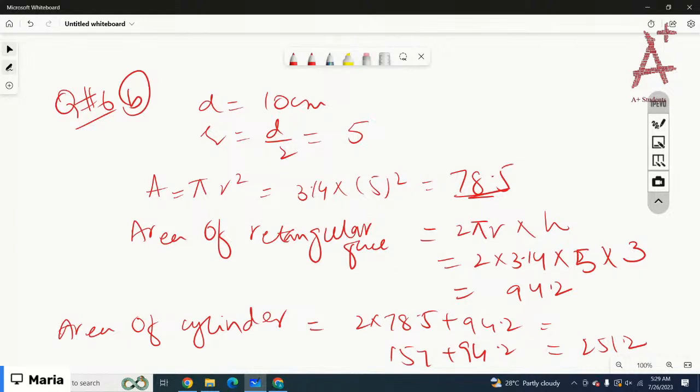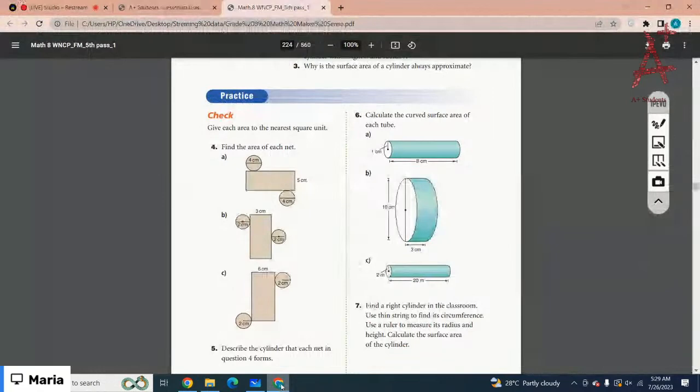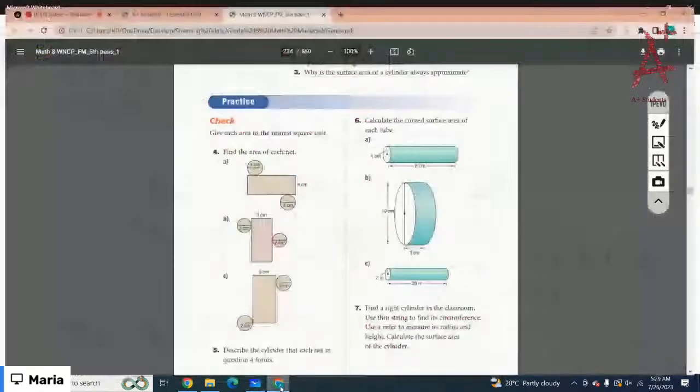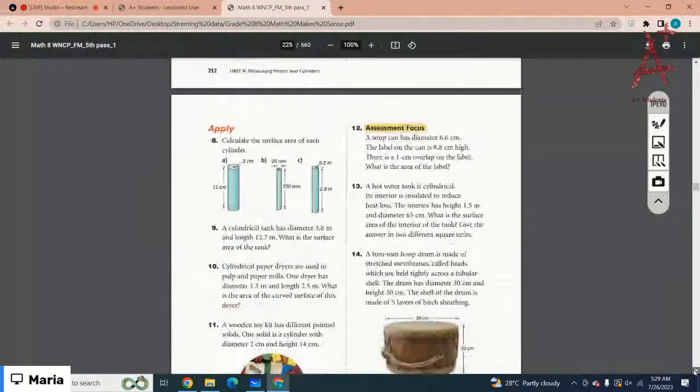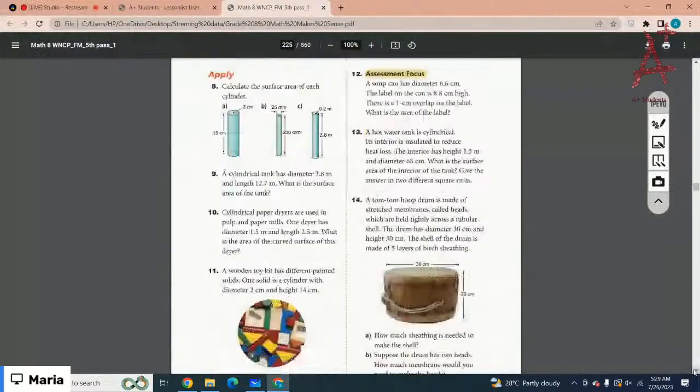Got it? So the area of the cylinder is 251.2. Okay, let's just look at question number 9.